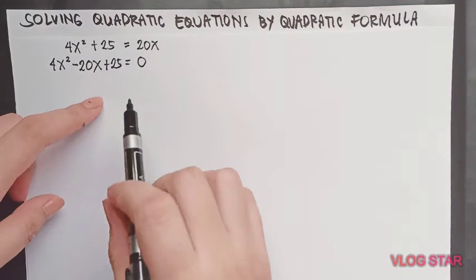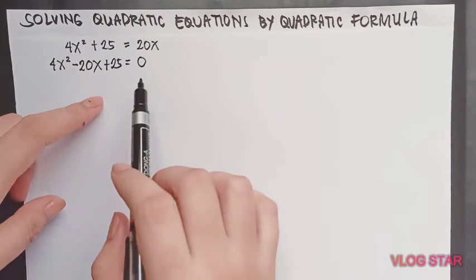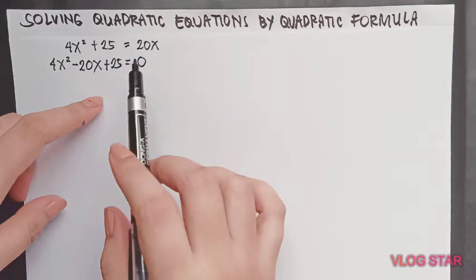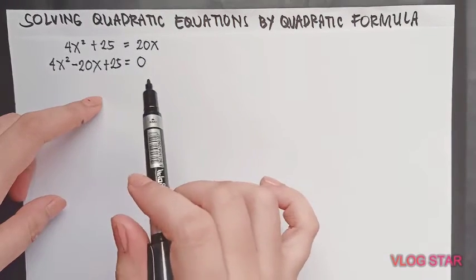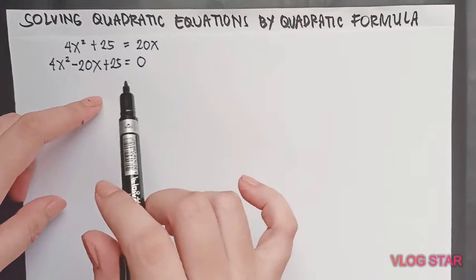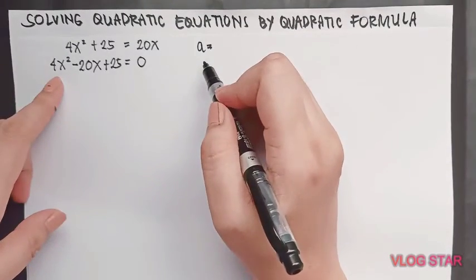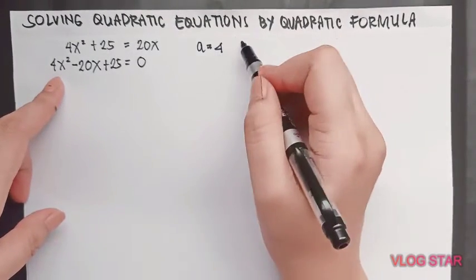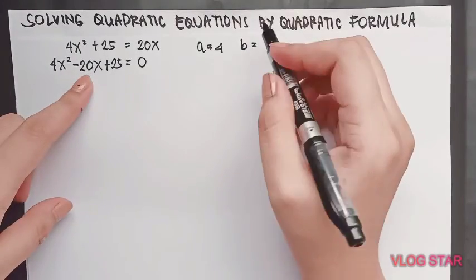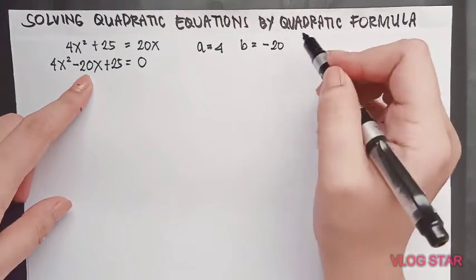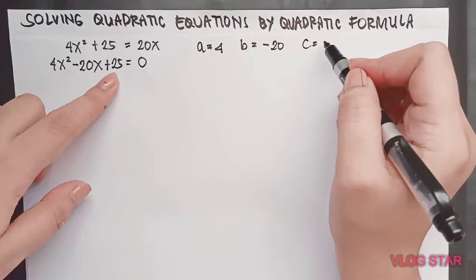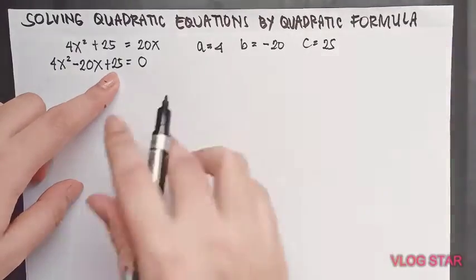And now, since our equation is already written in standard form, we can take the values of a, b, and c. So let us have our a, which is 4, b, which is negative 20, and c, which is 25.